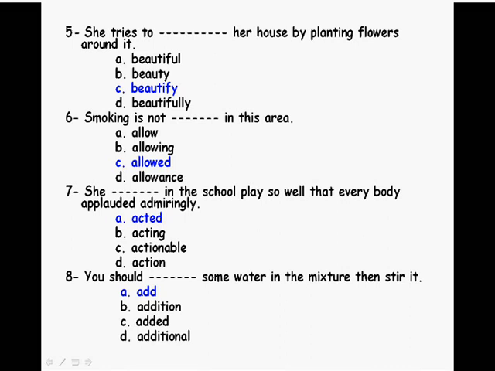She acted in the school play so well that everybody applauded admiringly. And number 8, you should add some water in the mixture, then stir it. Okay, let's move on.